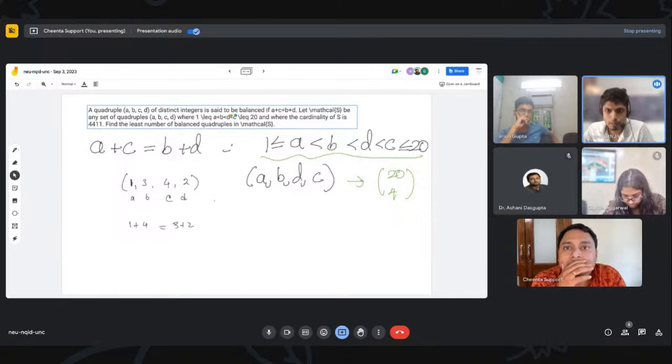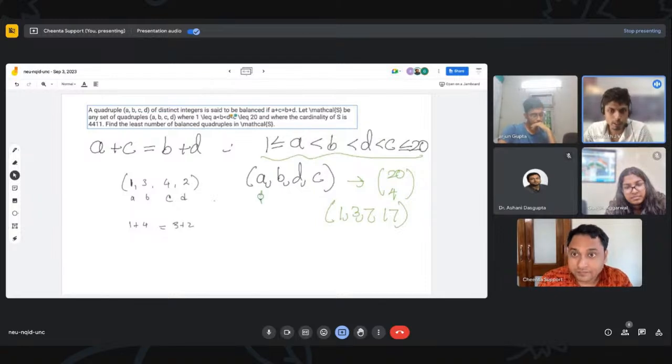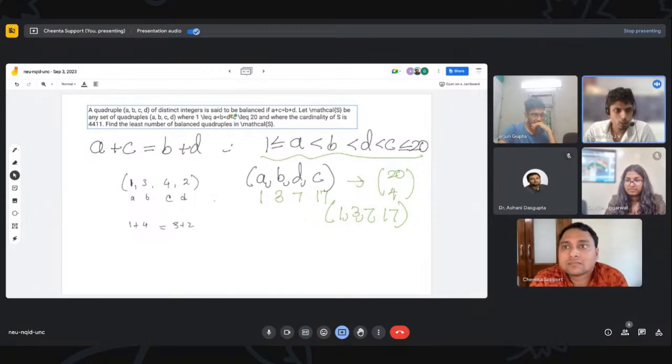For example, if I choose 1 3 7 17, then A will be the least, so 1 is given to A, 3 is given to B, 7 is given to D, and 17 is given to C, and that's the order. For now, let's not worry about balanced quadruples, just the number of quadruples. So it will be 20 choose 4.